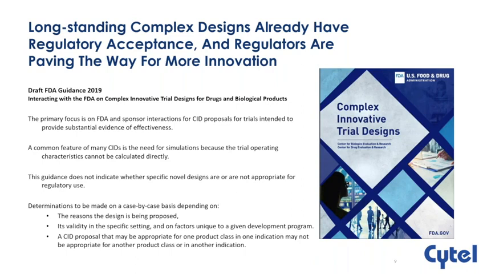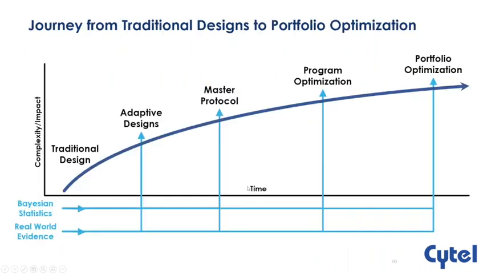They need to specify the setting and validity of that design in that particular setting. And it is important to understand that what may be acceptable for one indication may not be acceptable for another, and what's not acceptable for one may be acceptable for the other. So it's really asking people to focus on the context.